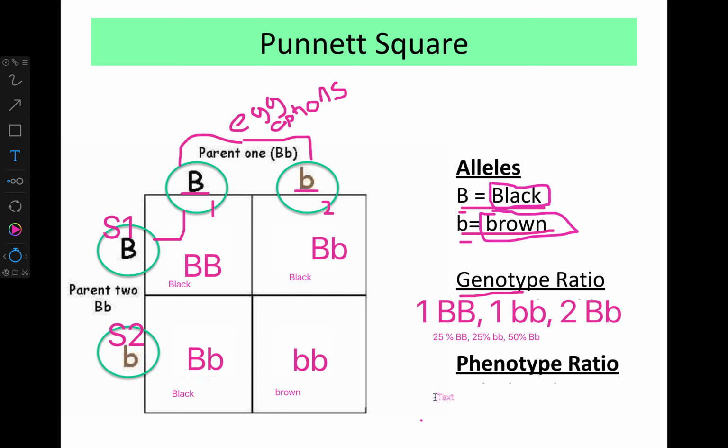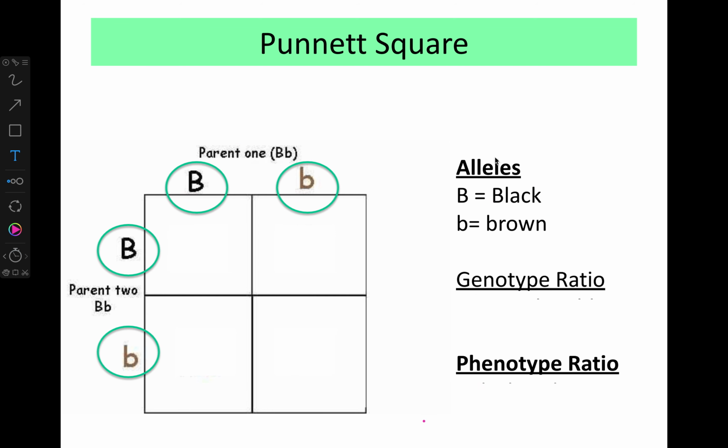So in our phenotype ratio, we actually have 3 black to 1 brown, or 75% black to 25% brown. Just like that. Does that make sense? Okay, so we're going to try this again on the next page. We're going to do another example.